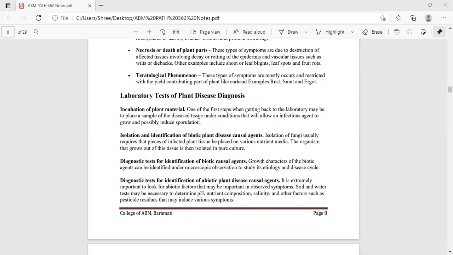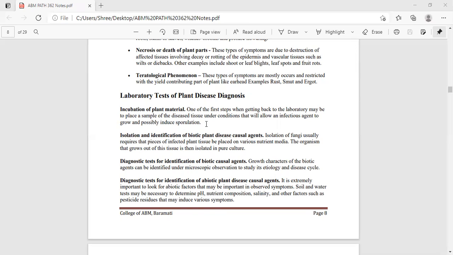Incubation of the plant material: one of the first steps, when getting back to the laboratory, may be to place a sample of the diseased tissue under conditions that will allow the infectious agent to grow and possibly induce sporulation. This is done in a BOD incubator. You are in the 6th semester, so you know about the BOD incubator, the biological oxygen demand incubator.